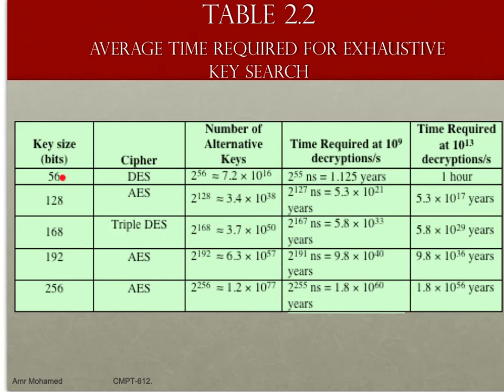So triple DES uses a key size which is triple this. So if you multiply this by 3, the triple DES has a key size of 168. Okay. So which is barely feasible given the servers or the computational capabilities that we have nowadays.